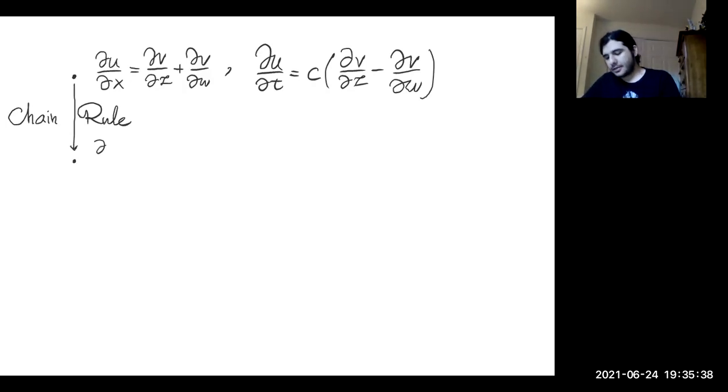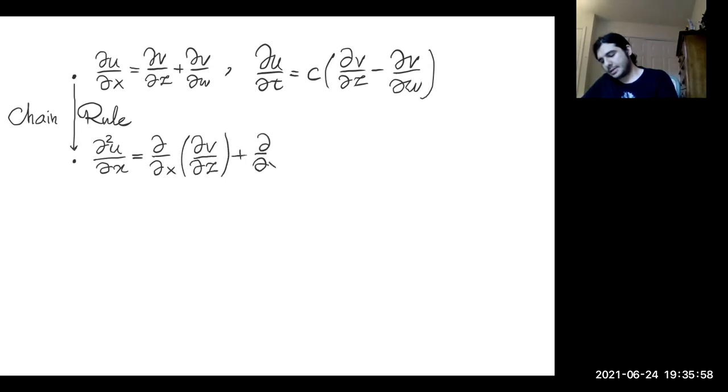So the second derivative of u with respect to x would be, again, we should take the derivative with respect to x of the first term, the derivative of v with respect to z, plus the derivative with respect to x of the second term, the derivative of v with respect to w. Now again, we can commute these things.